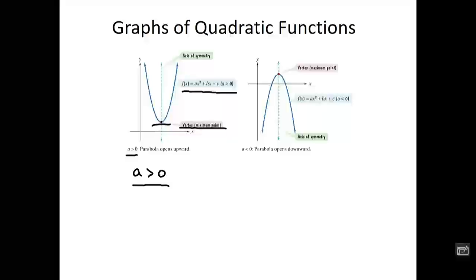On the other hand, if a is less than 0, the parabola will open downward. When it opens downward, the vertex corresponds to a maximum point on the parabola. And the axis of symmetry again would be the line through the x-coordinate of the vertex.